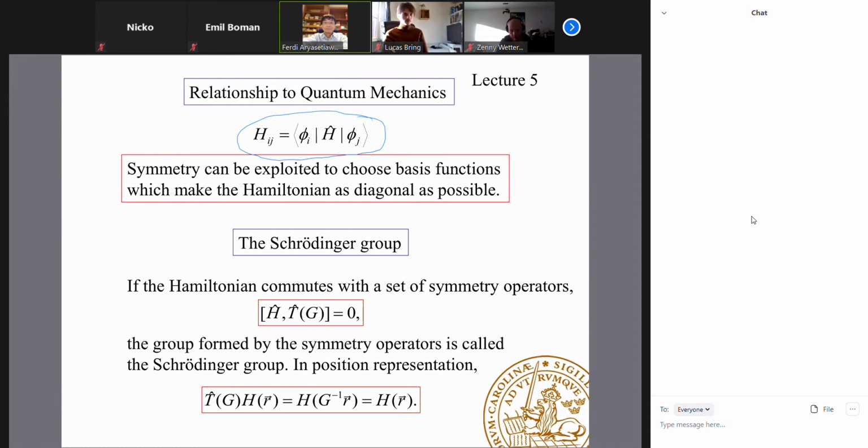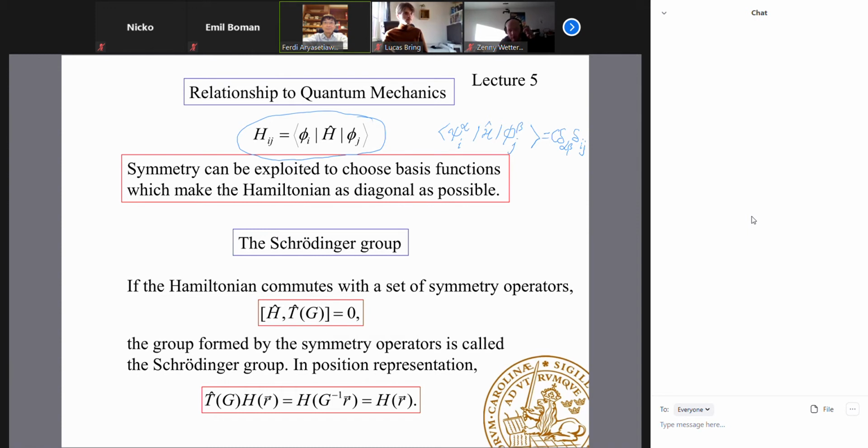So we'll show later that if we calculate the matrix elements between two functions or two states that transform according to the alpha and the beta irreducible representations, then we can show that this is some constant proportional to delta alpha beta and delta ij.